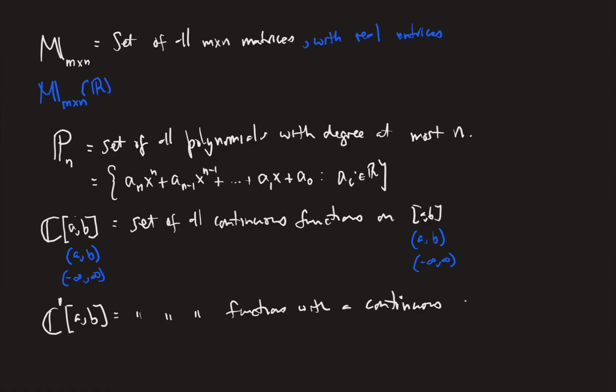Because I can give you lots of functions that are continuous on a certain interval, but then the derivative is not continuous on that same interval. But if we restrict it and say, yep, we want the derivative to be continuous as well, continuous derivative on whatever that interval [a, b] is, then we call that C1. And of course we know there's repeated differentiation, so C2, C3, and so forth, all right?